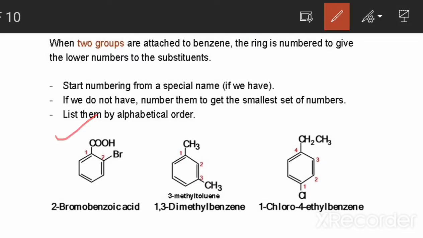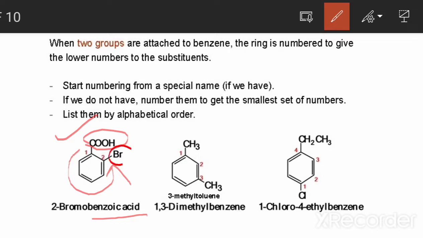We will prefer the group that we name as the parent name, that is benzoic acid. If we count from here to there, it will not be the least number.